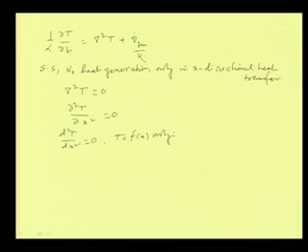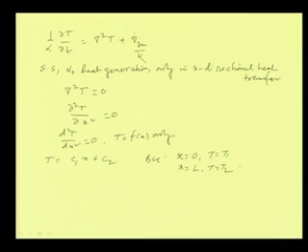Then we can write T equals C1 x plus C2, and these two constants C1 and C2 can be obtained by putting in two boundary conditions. The boundary conditions are: at x equal to 0, T is equal to T1, and at x equal to capital L, T is equal to T2, as we have seen in the previous diagram.